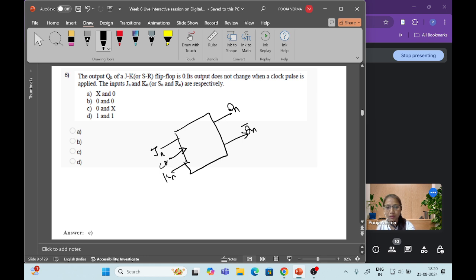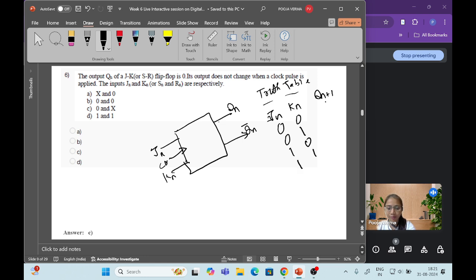This is the truth table of the JK flip flop. From there we can see that its output does not change when the clock pulse is applied. Qn, Jn, Kn, Qn plus 1, the next state. The inputs J, K are 0 0, 0 1, 1 0, 1 1.